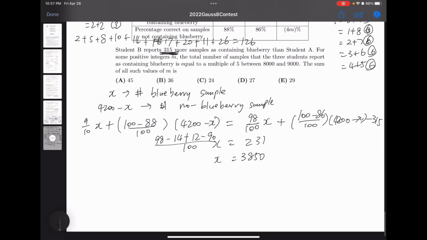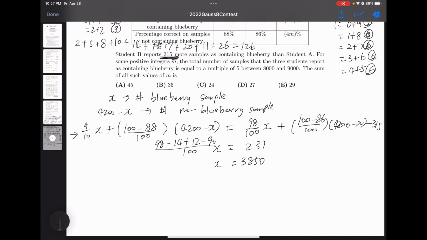And if we plug this back into the initial equation, then we would get the total number of correctly reported samples that actually contain blueberry would be 9/10 times the number of samples plus 12/100 times 350, and we got 350 from 4200 minus 3850.